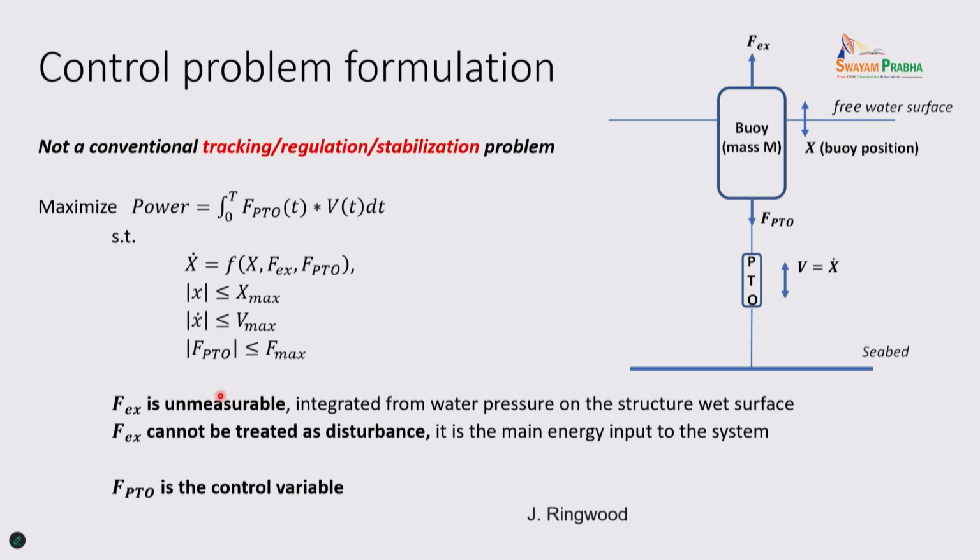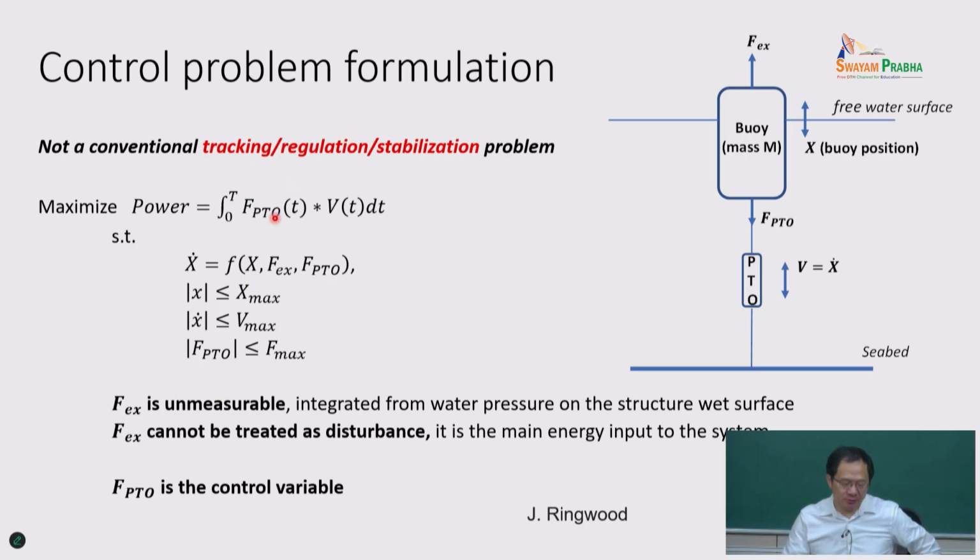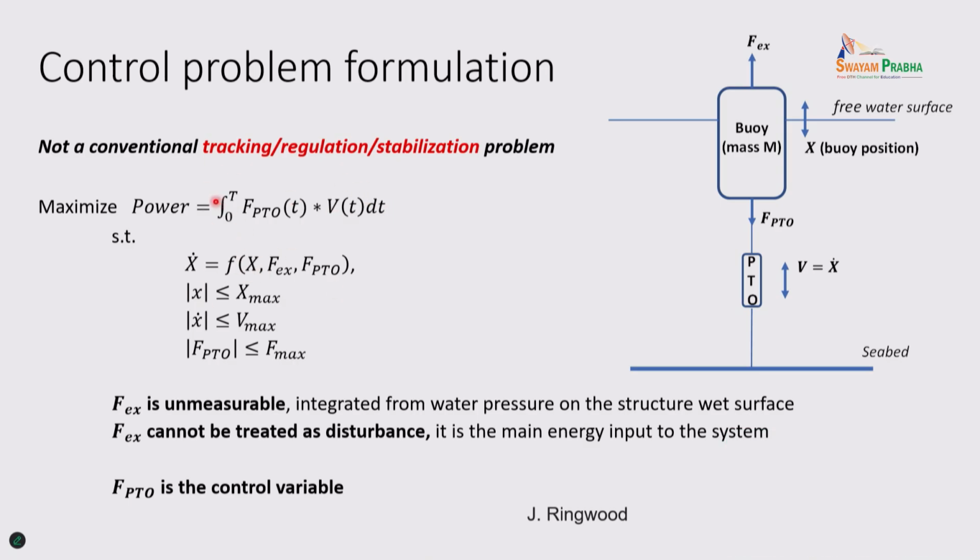So what is the control problem? You want to have more power output in this PTO, the mechanical power output, which is PTO force times velocity. Now you do the integration, right? And it looks like that.